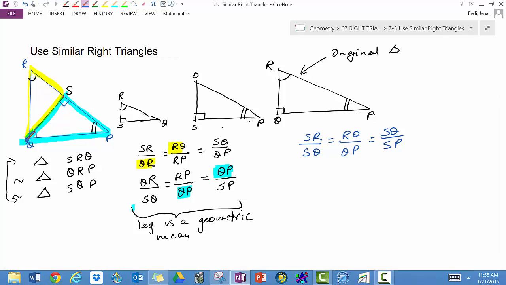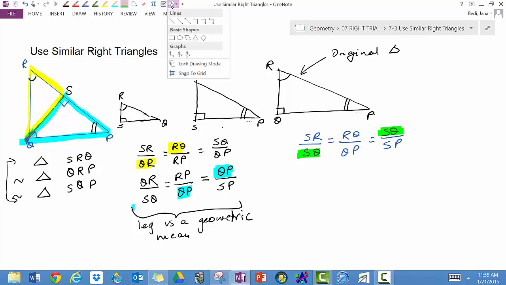It was not so obvious to begin with, but I see it here now. So there is SQ and SQ. Now SQ is an altitude of the original triangle, the altitude that we draw from the vertex to the opposite hypotenuse.